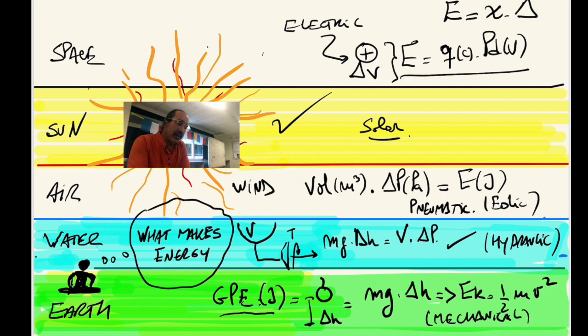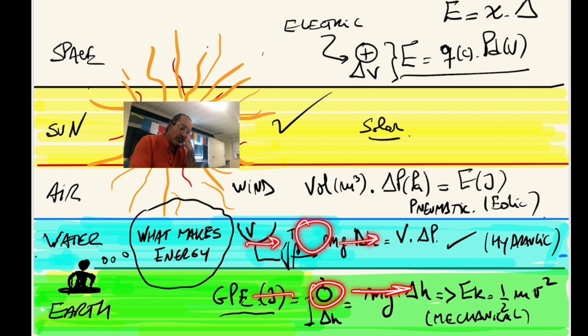So basically, to understand energy, we need to understand two things. Something moves and something pushes, and we need to have both of them in any form of energy. Right here, we need to have photons, and we need to have a difference of temperature that pushes them away. Here we need to have a volume of air, and we need to have a difference of pressure that pushes the volume of air.